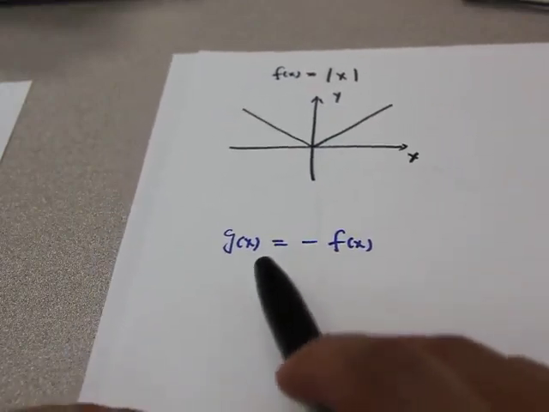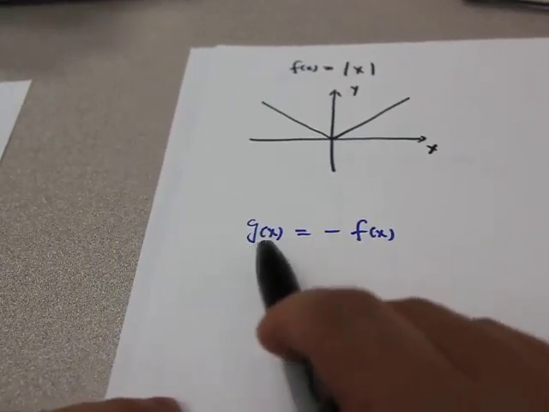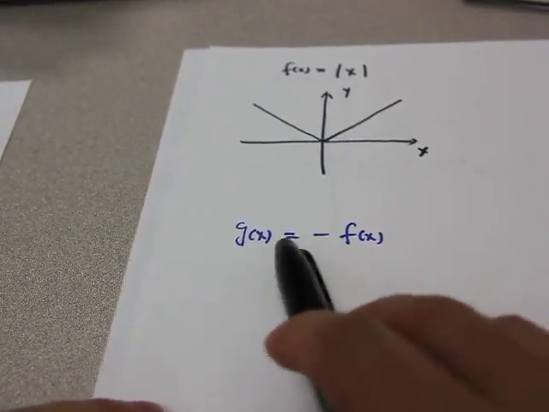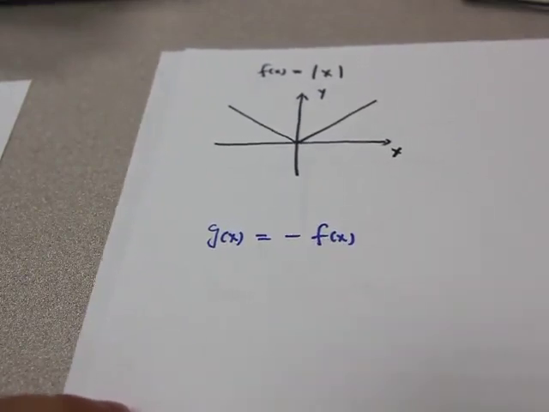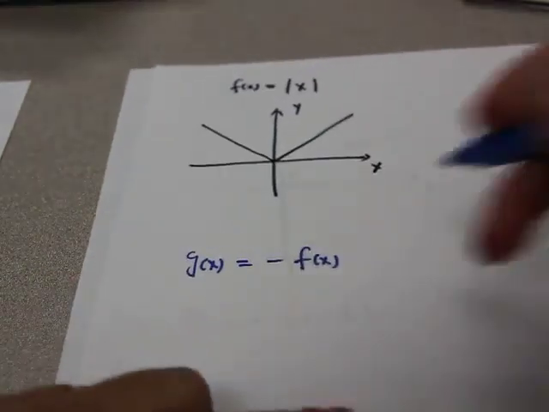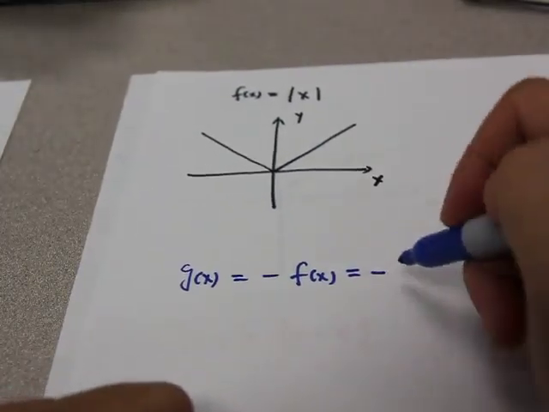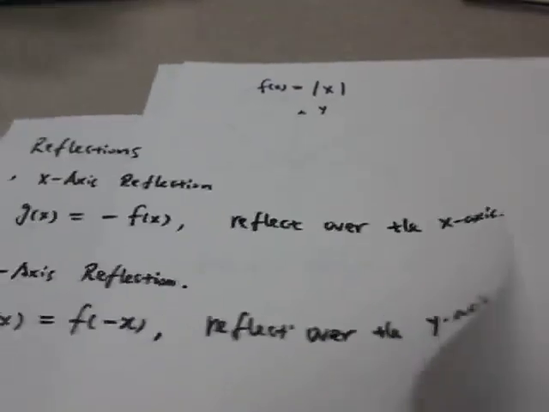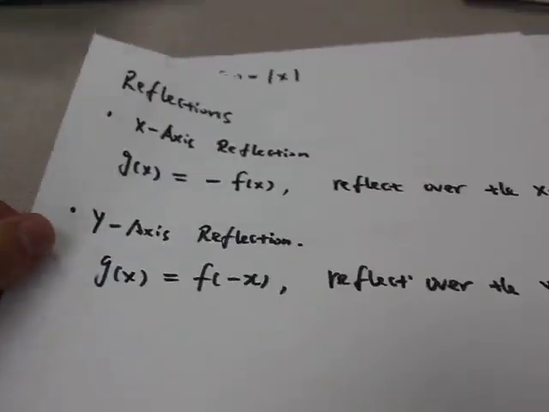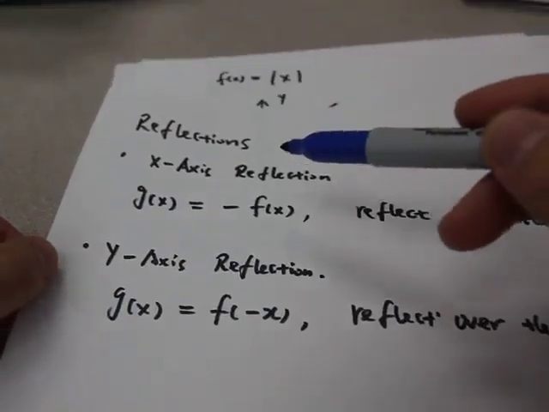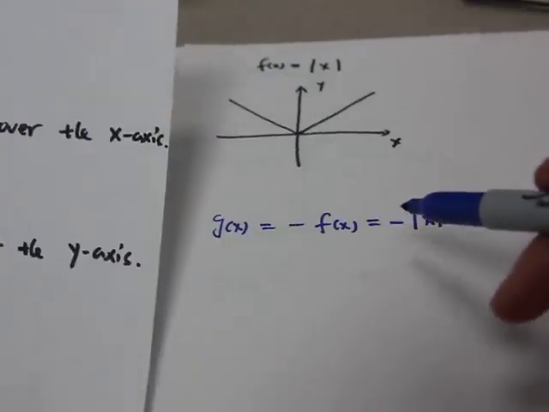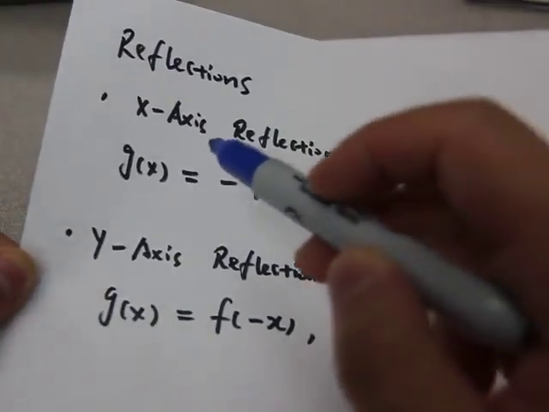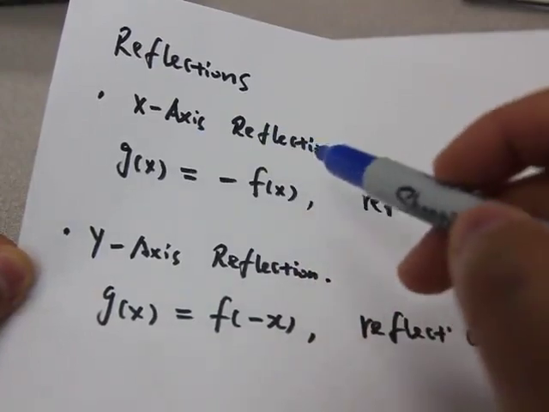And then now suppose I want to graph the function g(x), and g(x) is defined by negative f(x), which is negative the absolute value of x. Now according to this definition, this transformation is the x-axis reflection.